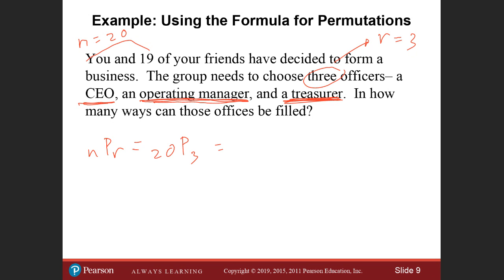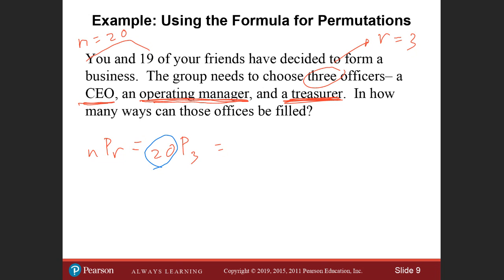So again, how to access that is you press the math button and use the arrow key to the right and pick the last column, which is PRB. That's probability, and choose the second one, which is the permutation. Since we have 20, let's plug in 20 first as our n, and then hit math, move to the right, go to PRB, and go down.